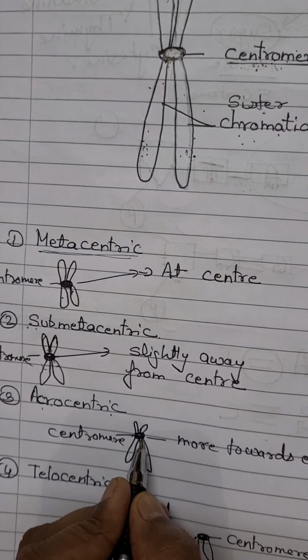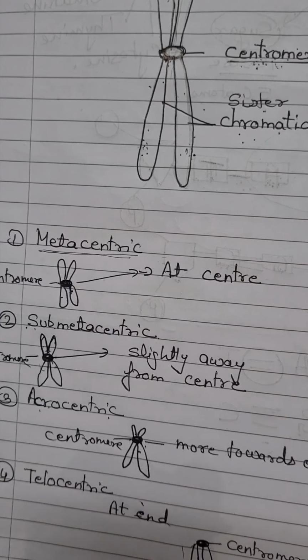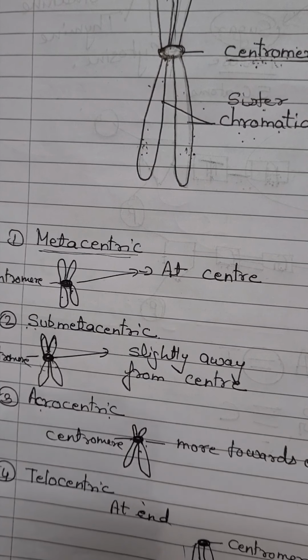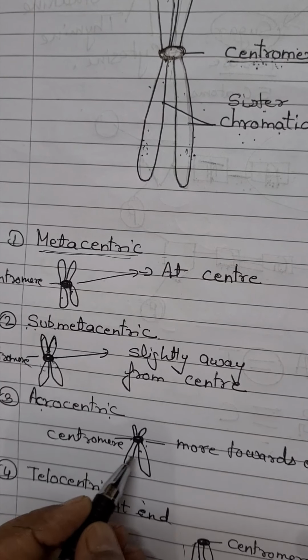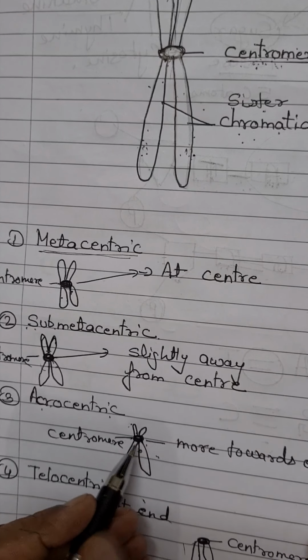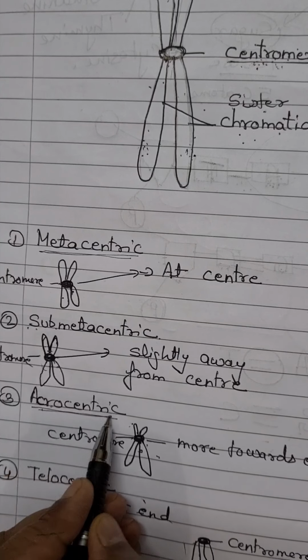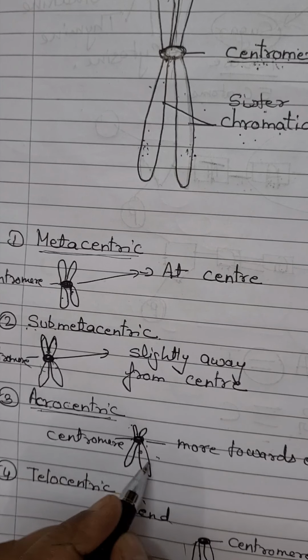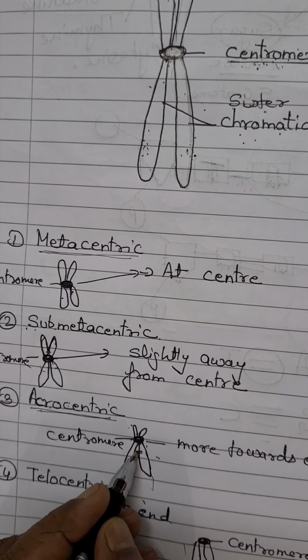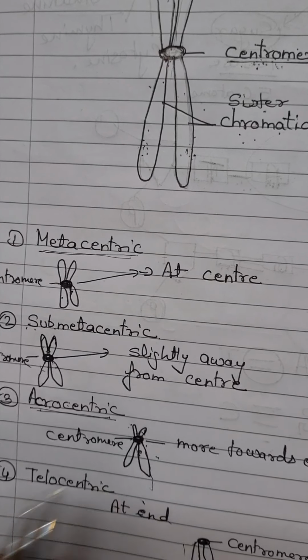If the centromere is present nearer to one end of the chromosome, not exactly at the end, then the chromosomes are called acrocentric. So in an acrocentric chromosome, one arm of the chromatid is very long, and another is very short.